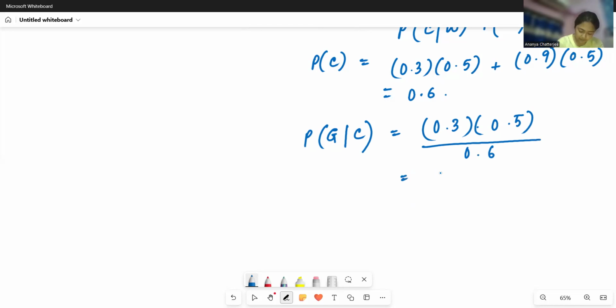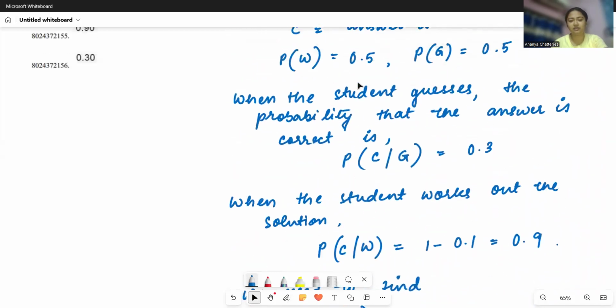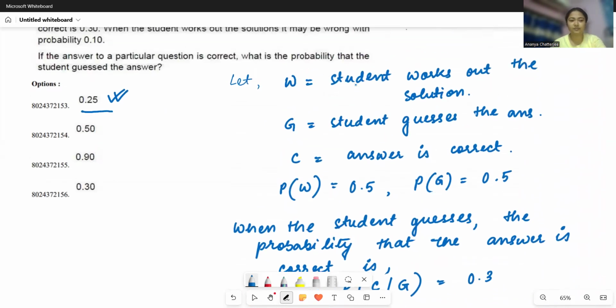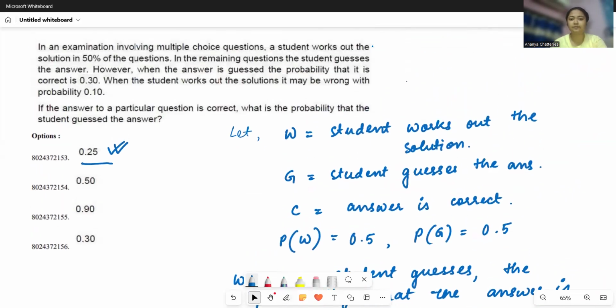That is 0.15 by 0.6. That is, the answer is 0.25. So by this we can tell that the first option is the correct answer. That is 0.25. Okay. Thank you.